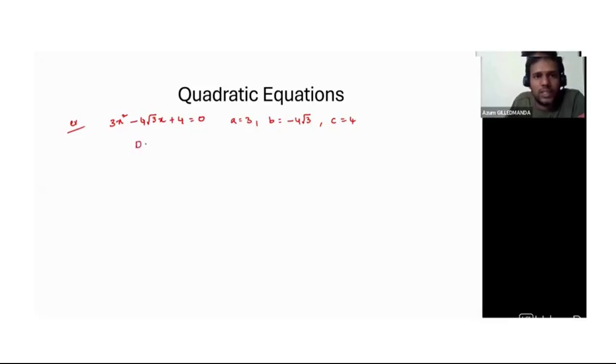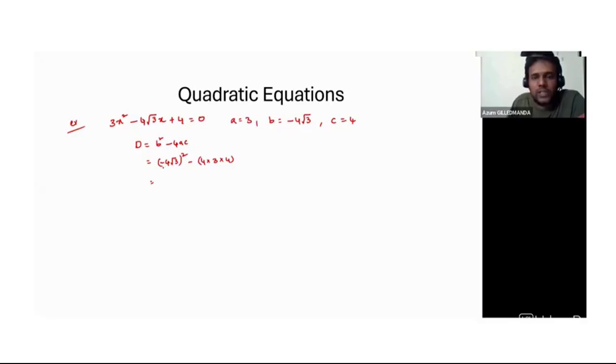So discriminant D is nothing but b square minus 4ac. First, let's find that value. What is b square? Minus 4 root 3 whole square minus 4 into a is 3 and c is 4.